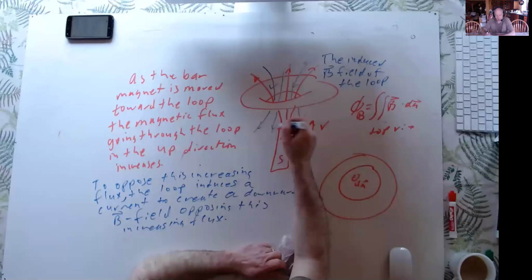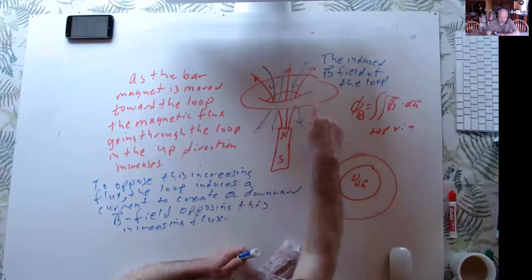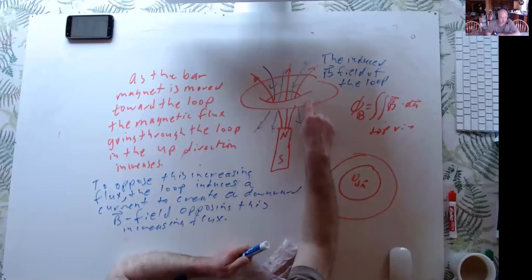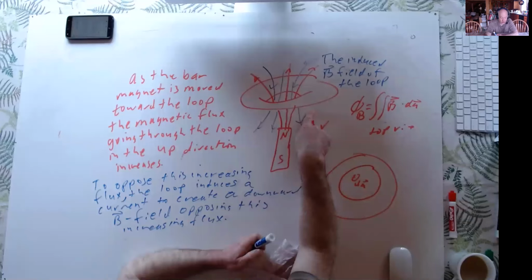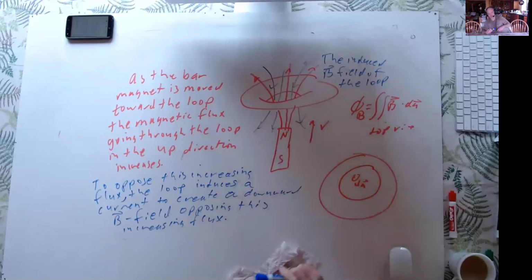Now, what has to be the direction of the induced current in that loop to produce this field? You have to use one of your right-hand rules in reverse. So you tell me, which right-hand rule do we have to use to produce this one? And that gives us the direction of the current. So how do we do this?